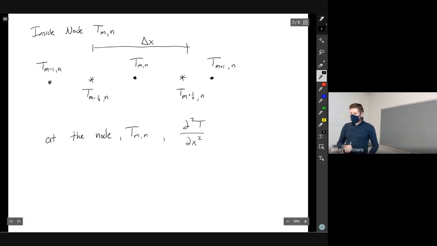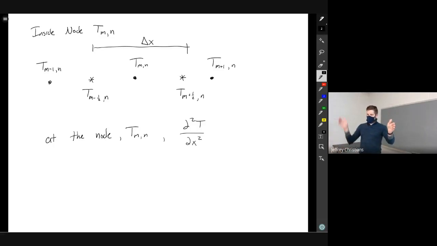So if we look at just the slope, the first derivative, that's going to be approximately equal to the value at T m plus 1/2 minus the value at T m minus 1/2, divided by delta x. That would be the first derivative.